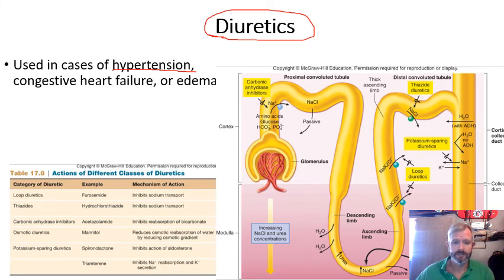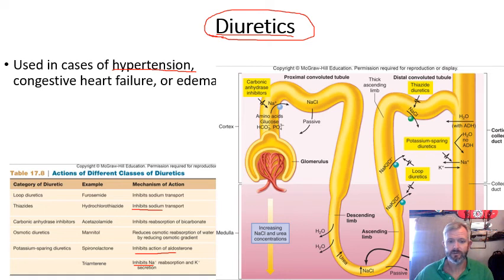Okay, so you can see many of these diuretic medications, what do they inhibit? They inhibit sodium reabsorption. This inhibits aldosterone and therefore inhibits sodium reabsorption. Okay.